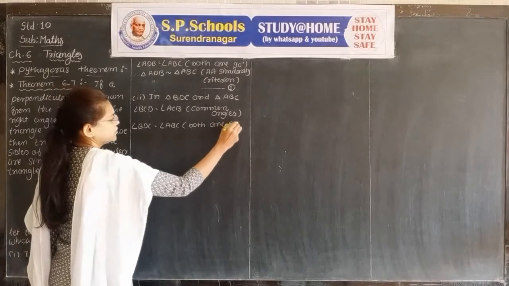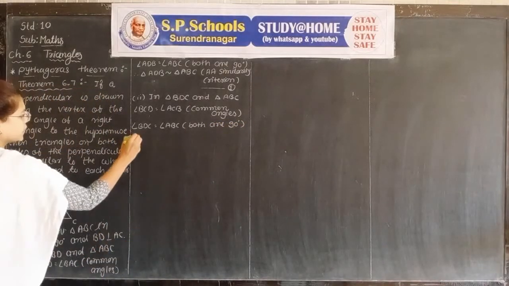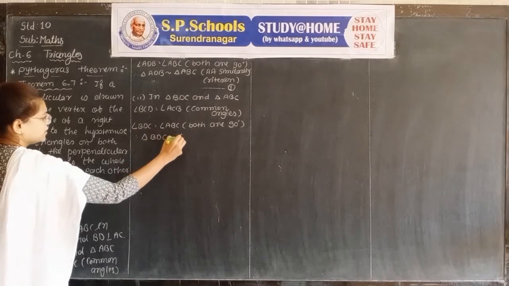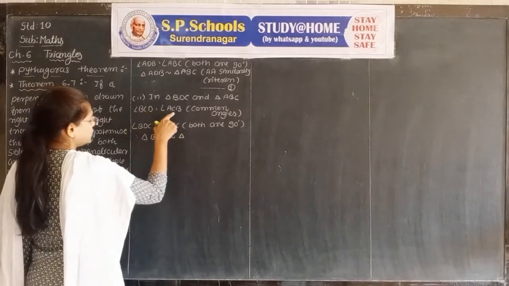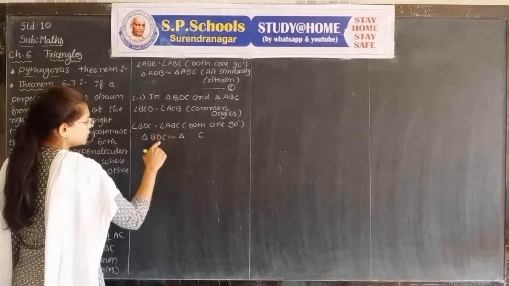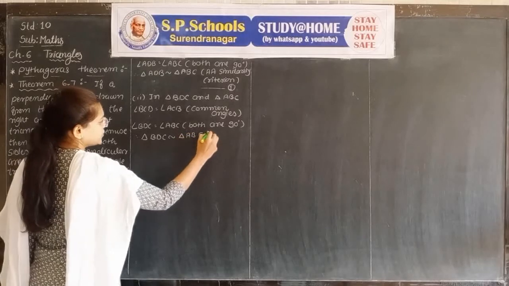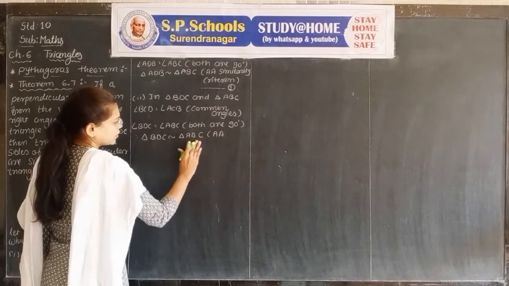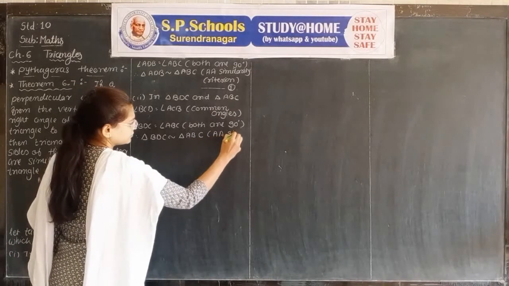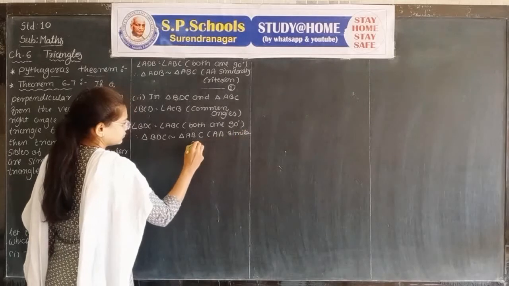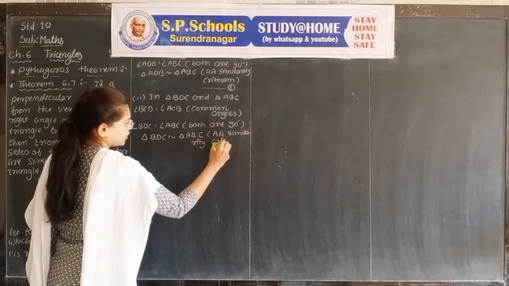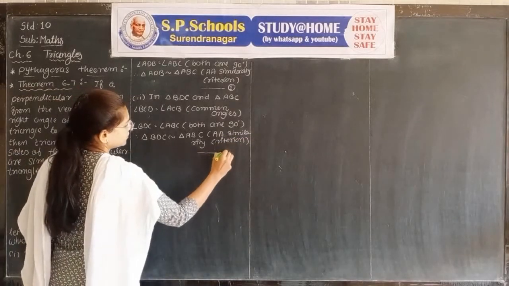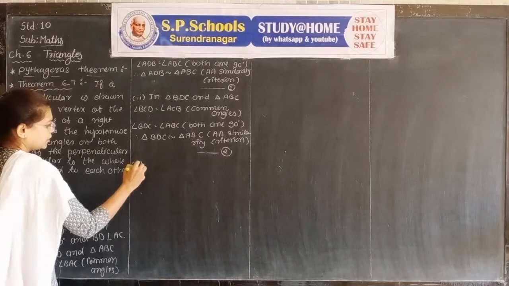Both are 90 degrees. That's why triangle BDC is similar to triangle ABC, C with C, the last is C, D with B, the middle is B, because of the angle similarity criterion. It is our result number 2.